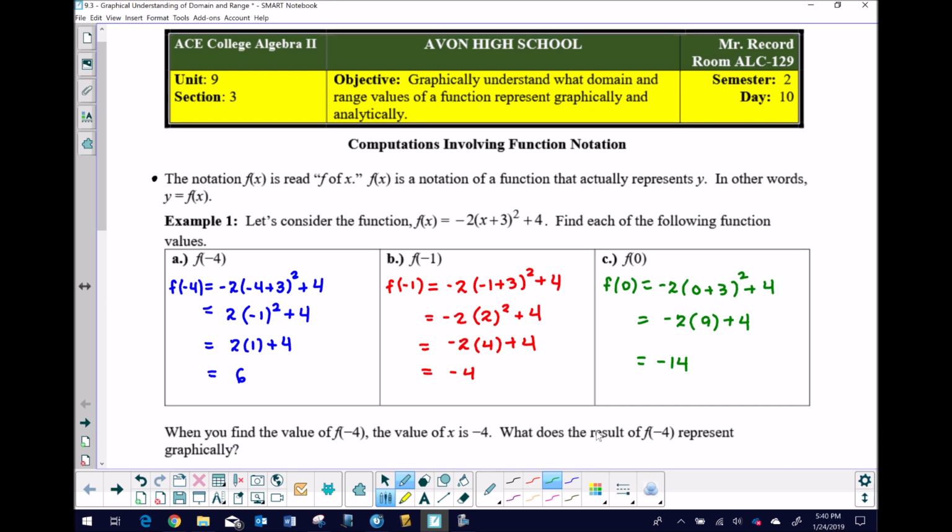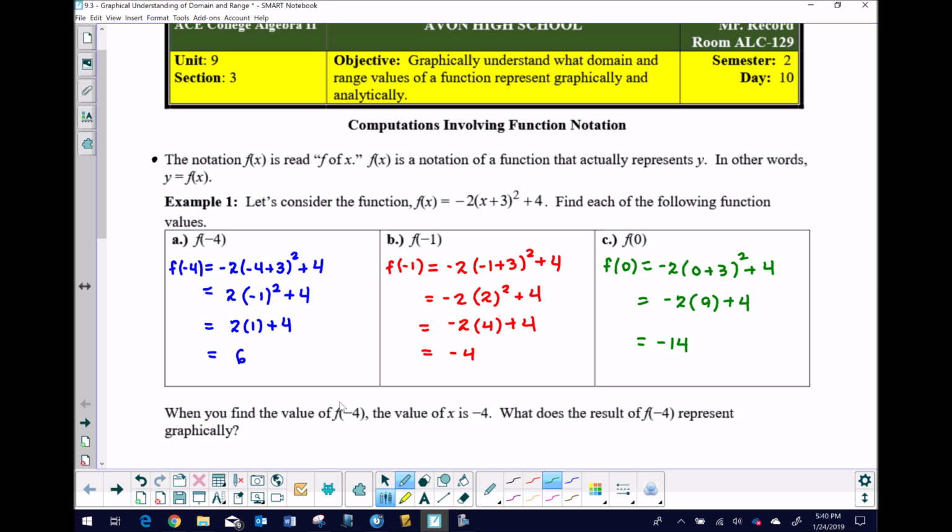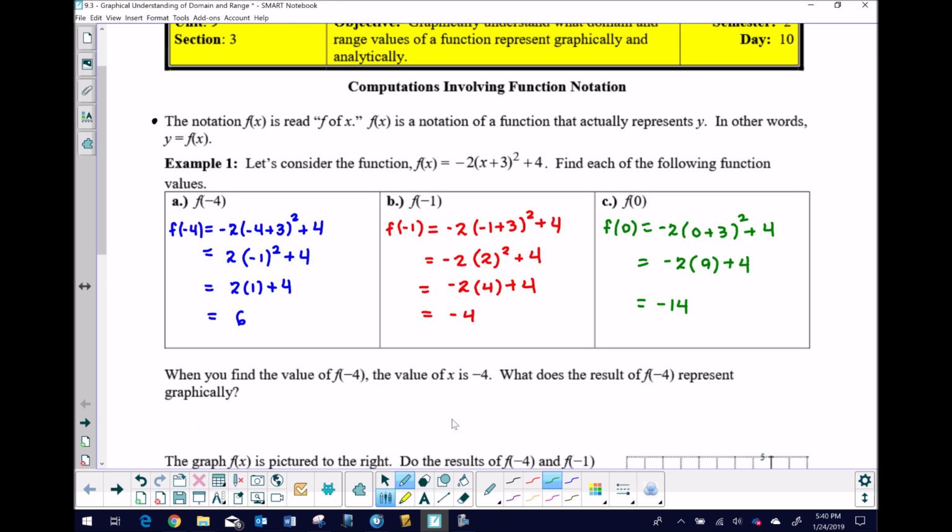Now, when we found the value f of negative 4, the value of x was negative 4, of course, and it asks, what does the result of f of negative 4 represent graphically?